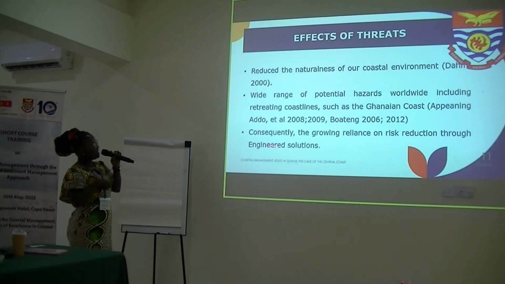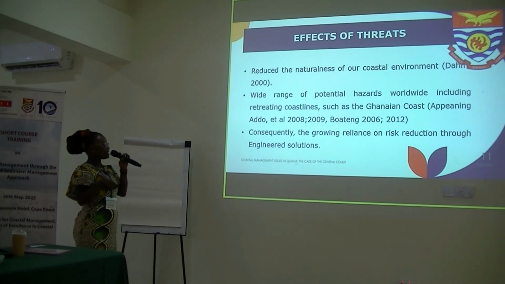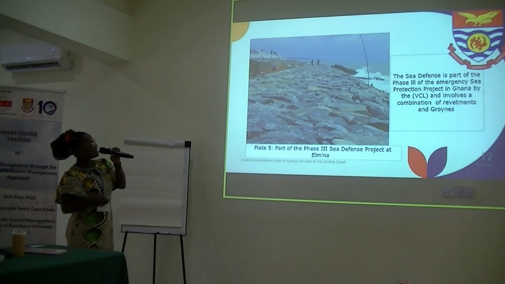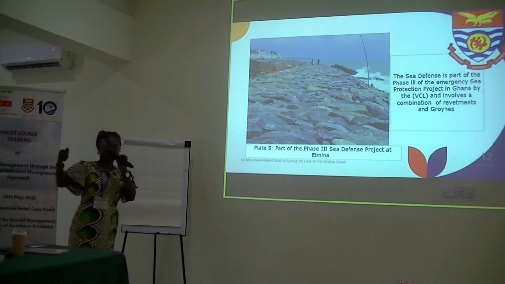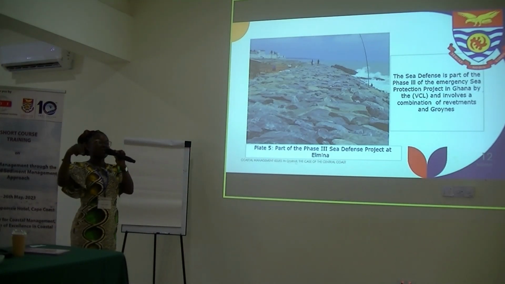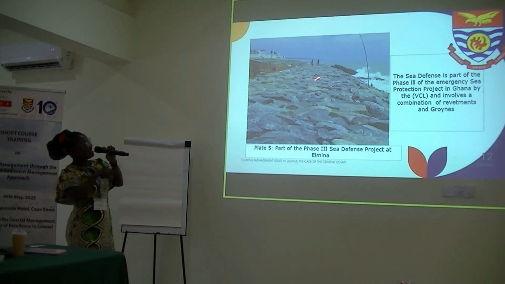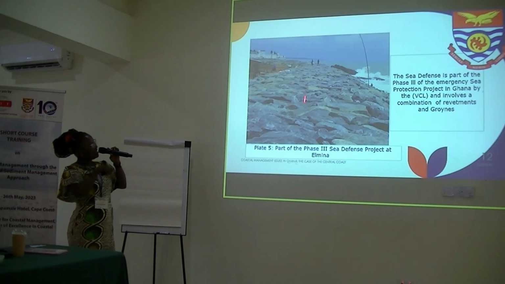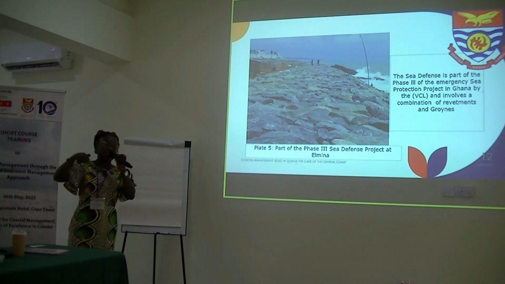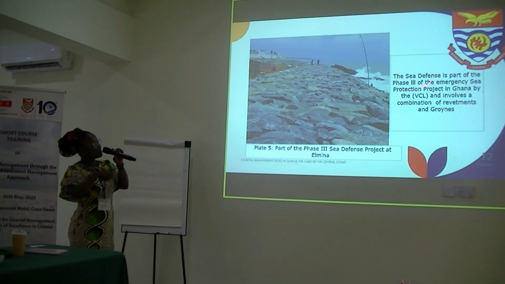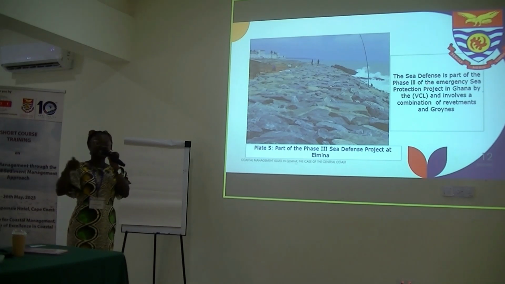As a result of these, there is now the growing reliance on risk reduction through engineered solutions. And so I'm glad that they have already mentioned all these engineering projects which have gone on along the Ghanaian coastline. Interestingly, along the Elmina Cape Coast shoreline, or the Central Coast shoreline, it is now part of phase 3 of these emergency sea defense.